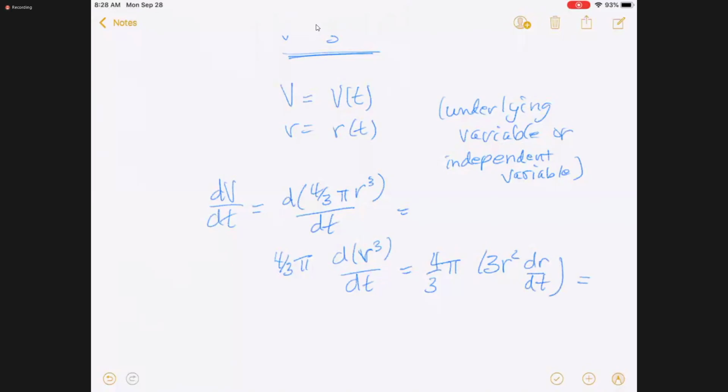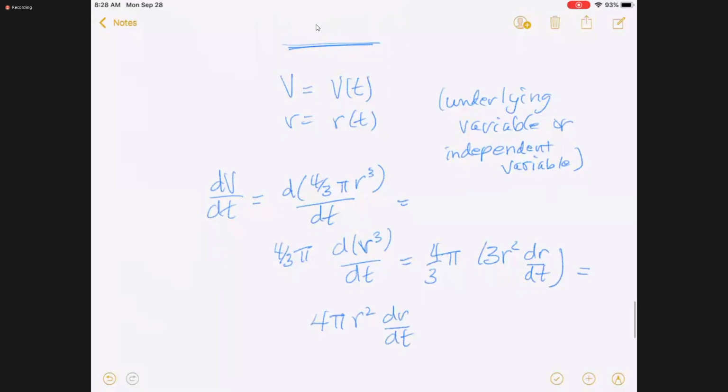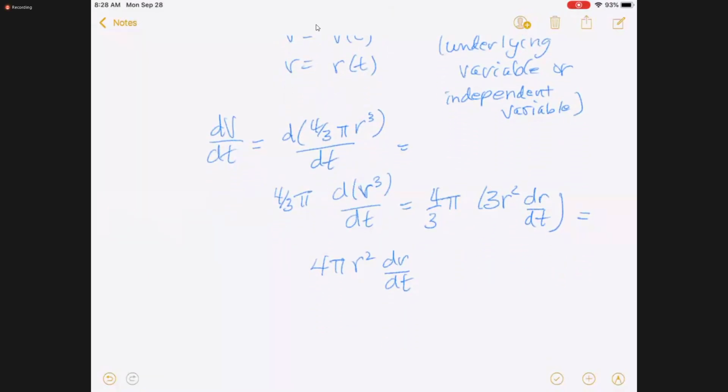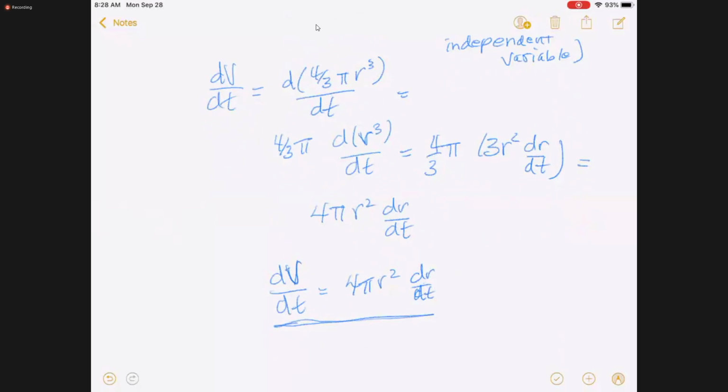And may as well clean that up a little bit. That's 4 pi r squared dr/dt. That's our basic relationship between our rates. The volume and the radius are related, and their rates of change are related by this equation. Questions?